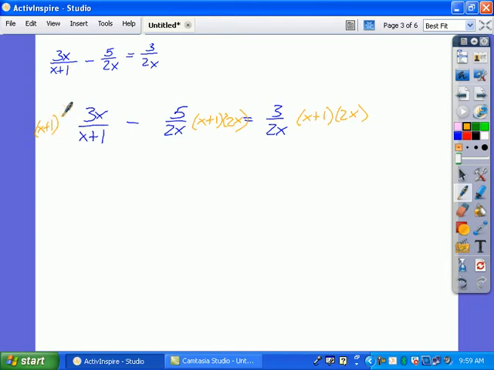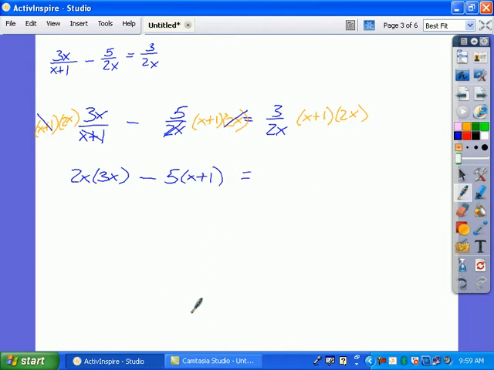And to know if this is successful or not, to know if we chose the correct denominator to multiply by, all the denominators should clear out. They should all cancel out. And so in this case, the x plus 1's here, and here cancels, and it leaves us 2x times 3x, minus, in this case, the 2x's cancel, and it leaves us 5 times x plus 1.